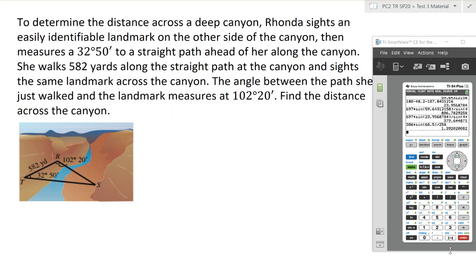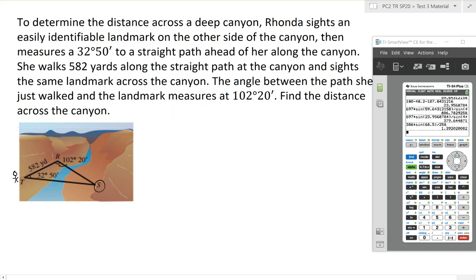So this is a canyon here, and the person is standing over here. They look across and they see an easily identifiable landmark that they could walk a while and still look over there and say, hey, that's the spot I was looking at.